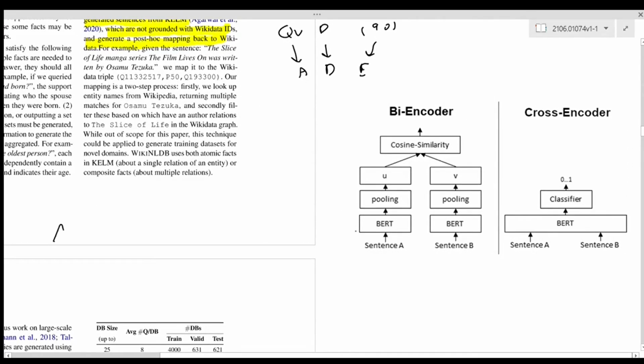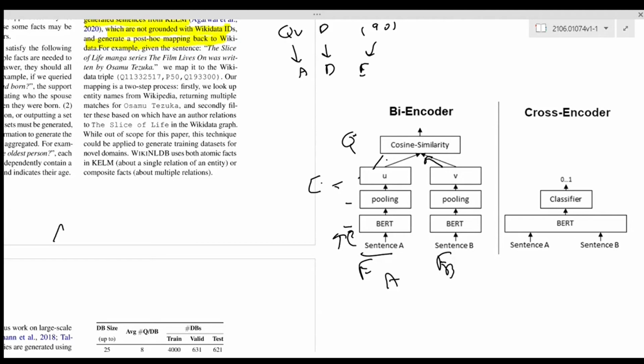If we provide multiple sentences for facts A and B, they will be pre-computed in a pre-trained model like BERT, and then a uniform encoding will be done for each sentence, and based on that we can compute the cosine similarity between the sentences and the queries, if they are provided to this same bi-encoder. Based on that we can understand which sentences are most similar to the queries and provide the context around that. This also helps us if the sentences are far away from each other in the database.